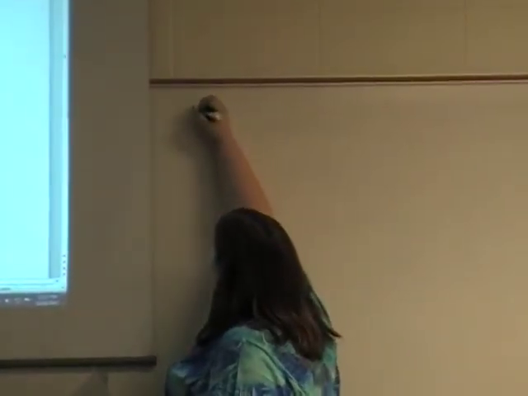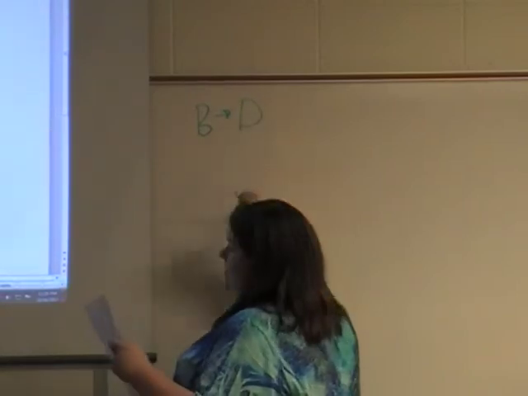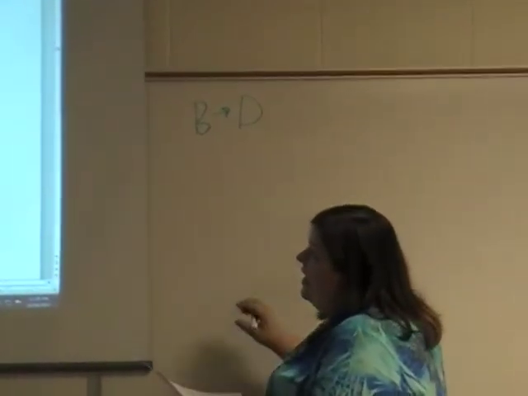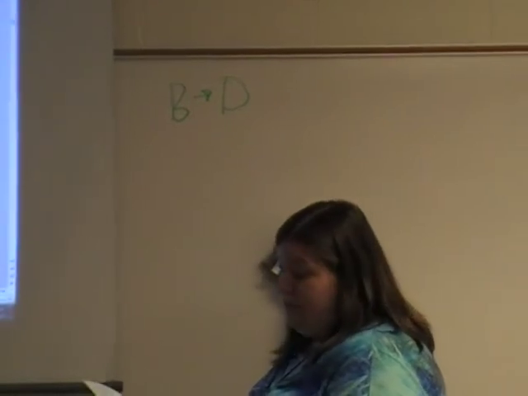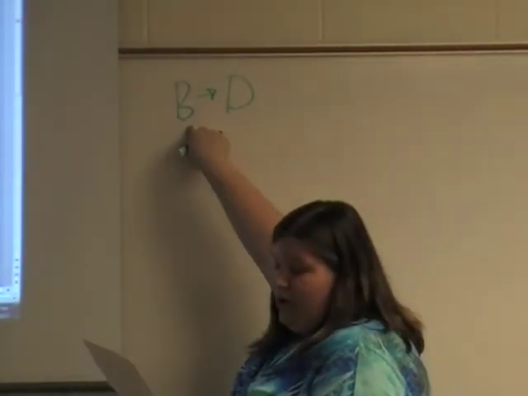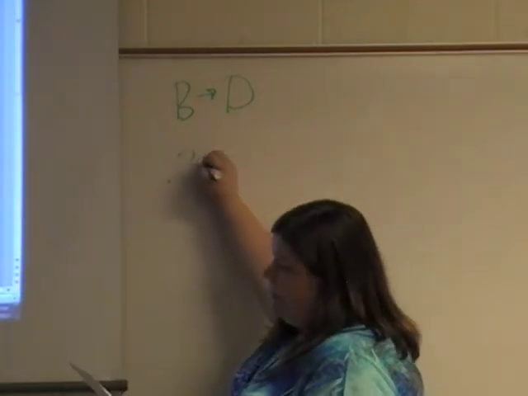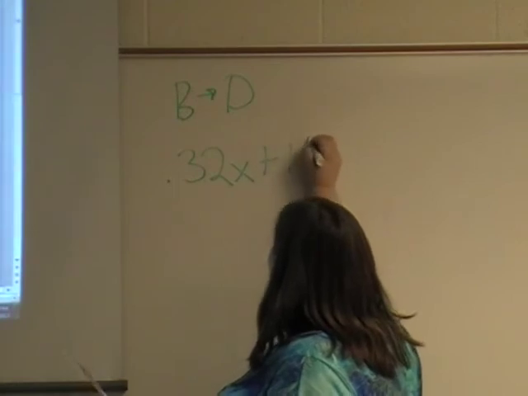Now, we have 3 points of intersection. We have where bronze and diamond meet. So bronze to diamond. And then we have diamond to platinum, and we have bronze to platinum. Those are our 3 points. So what's the equation for bronze? It's 0.32x plus 19.99.